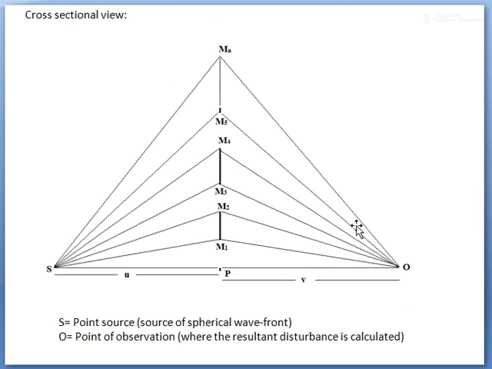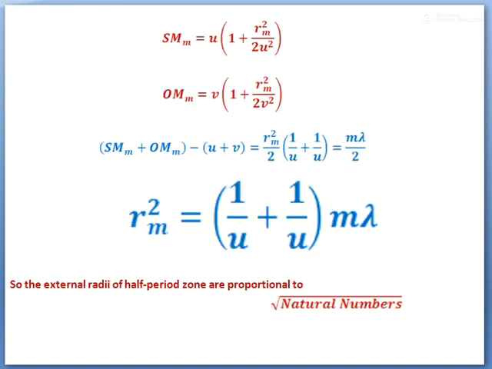In the same way, OMn square equals Rn square plus PO square. So Rn square plus V square equals OMn square. From this equation, OMn equals V into 1 plus Rn square divided by 2V square.